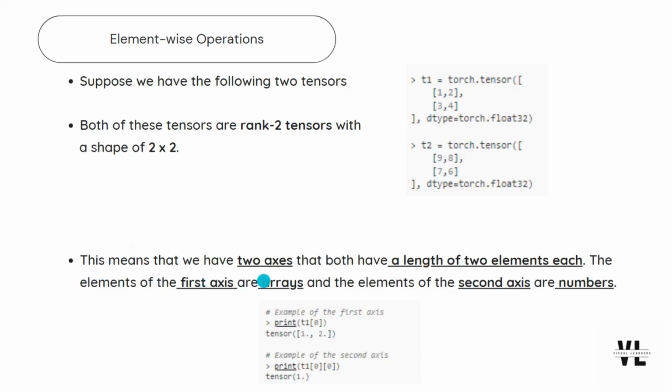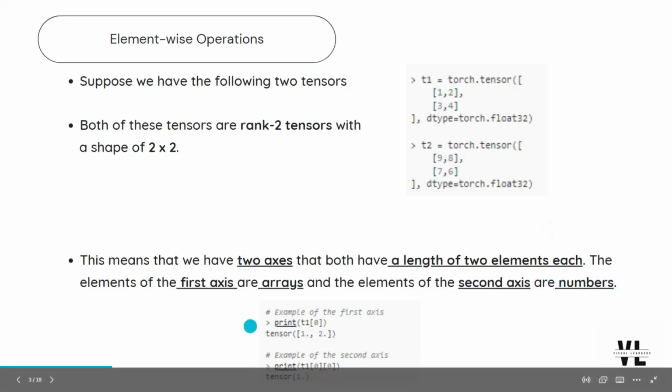This means that we have two axes that both have a length of 2 elements each, one across the row and another one across the column. The elements of the first axis are arrays, and the elements of the second axis are numbers. So when we go across the rows, each element is an array, and when we go across the column, each element is just a number.